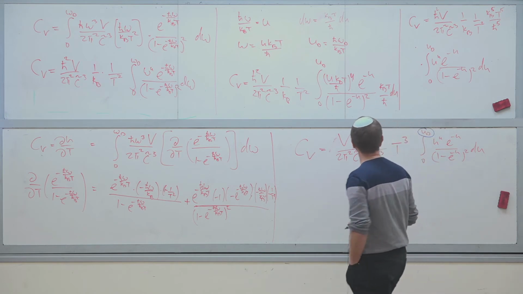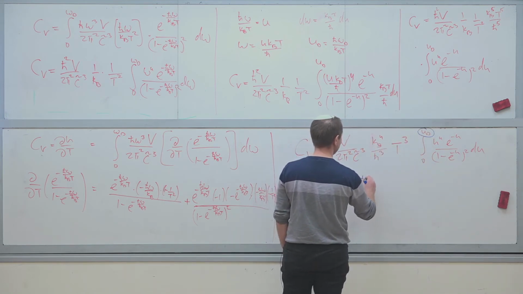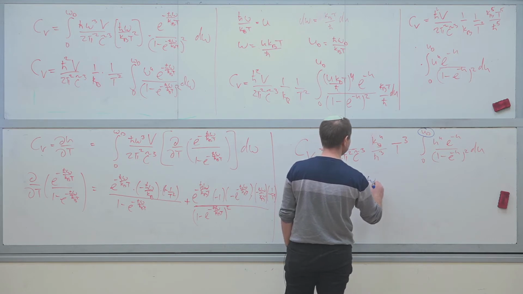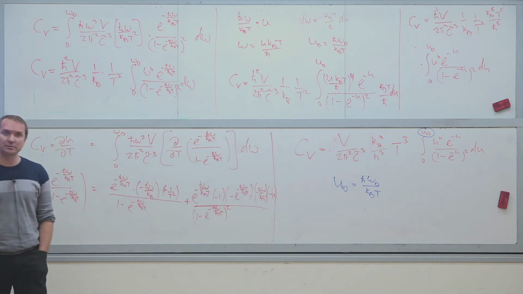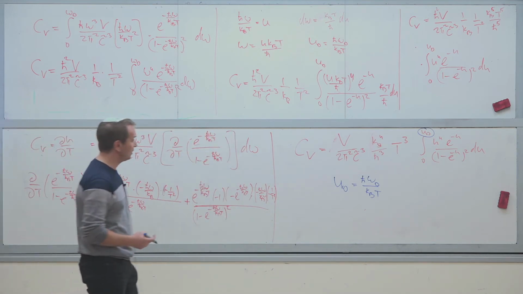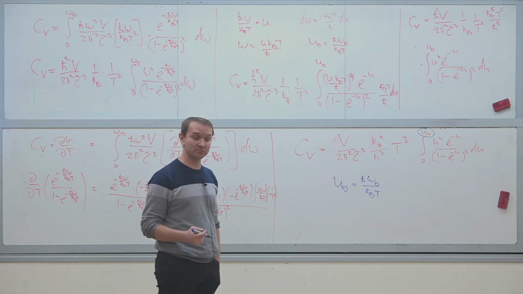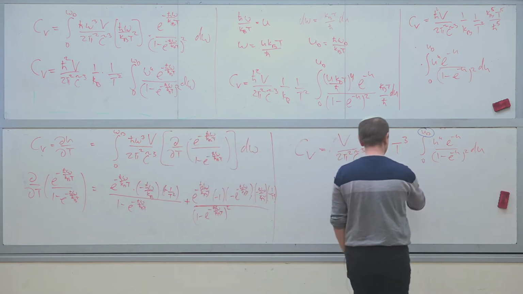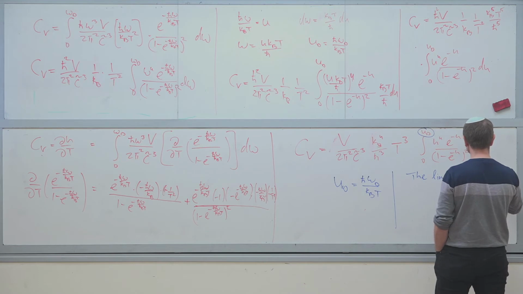From UD. So UD is H bar omega Debye divided by k Boltzmann T. Now we can have two limits. Let's look at the limit of very small temperatures, T goes to 0.